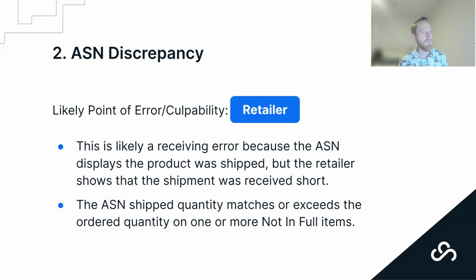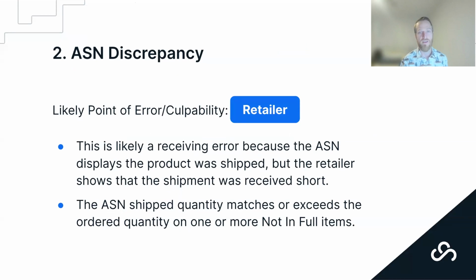So another common scenario, where this is more of an invalid in full charge, is by comparing either the shipped quantity from your ASN or the received quantity from other data sources in Retail Link like Nova or DSS. So what we're looking at here is in your OTIF data, you'll see a PO with a not in full charge.